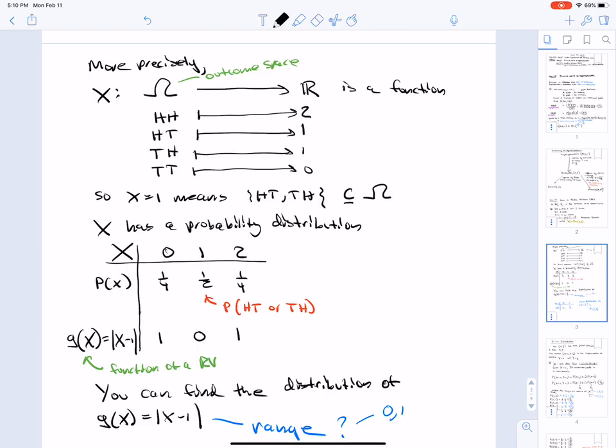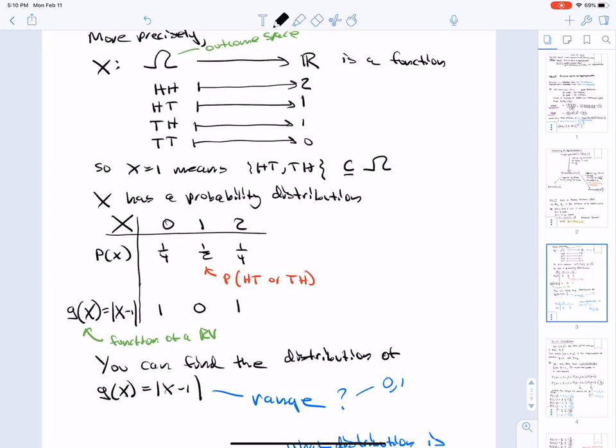Well, HT and TH map to 1. So that's what the event X equals 1 is. And we can write out the distribution. X takes values 0, 1, 2, and it has probabilities 1/4, 1/2, 1/4, with 1/2 because we're looking for the probability that we have HT or TH.